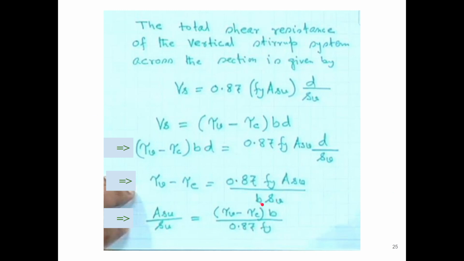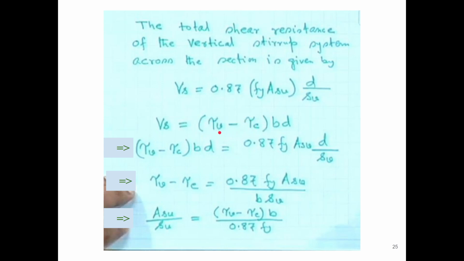This is the amount of shear resistance that needs to be provided when shear resistance is required. However, in some cases you will come across in the coming slides, this tau v minus tau c value will be 0 or less, not positive.